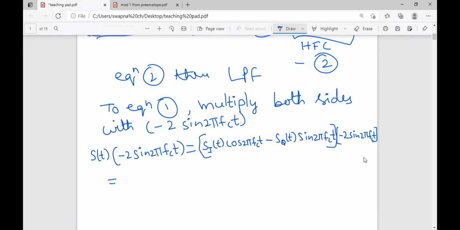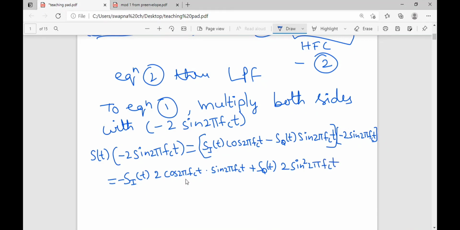So multiply this with this, it will be SI of t into 2 cos 2 pi fct minus SI of t into 2 cos 2 pi fct into sin 2 pi fct. Minus into minus will become plus SQ of t into 2 sine square 2 pi fct.